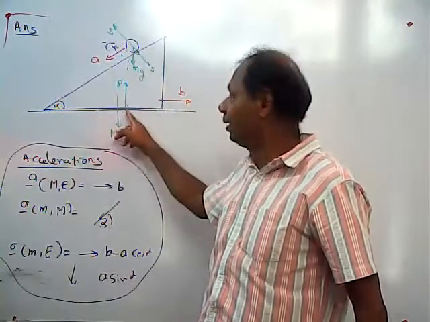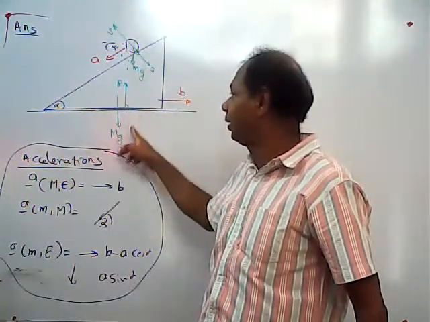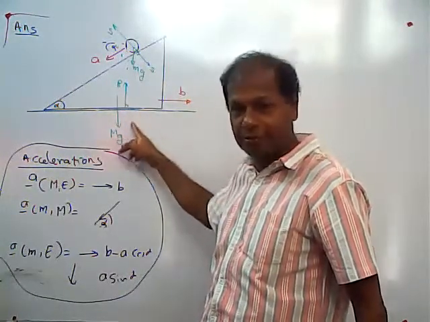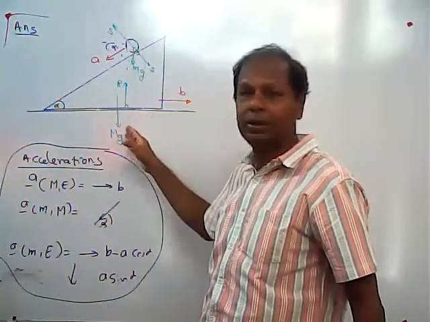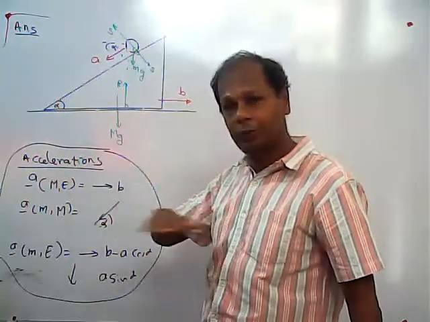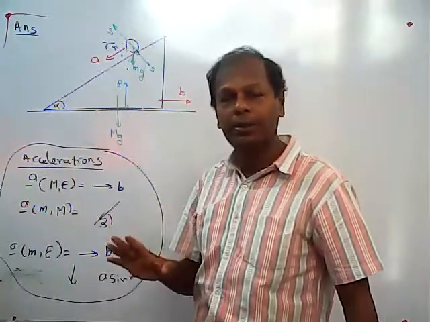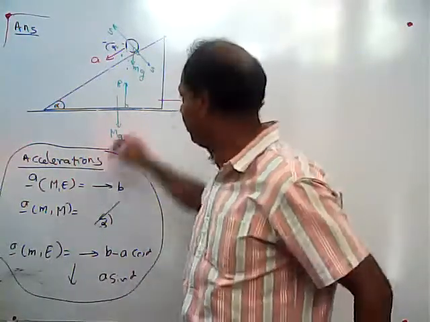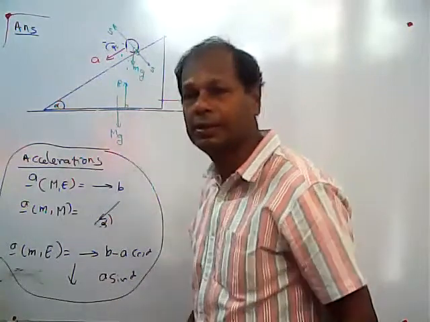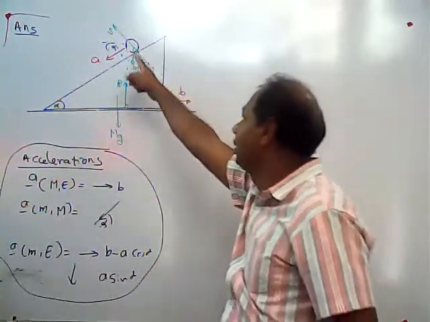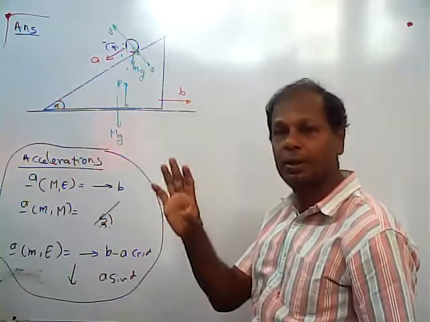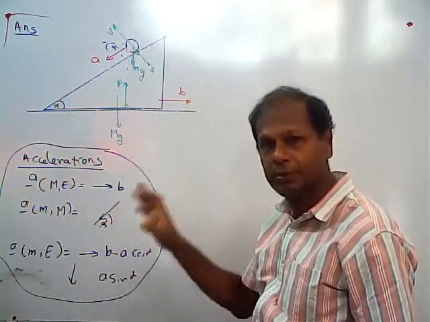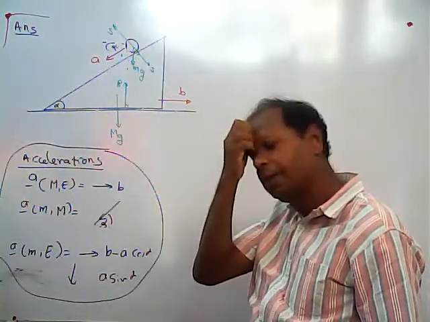Here also there should be an equal and opposite reaction on the surface, maybe a table or the floor, but we don't mark it because we are not going to do anything with that. We don't need that. But this S and this S, both are in the system. We need to take them, right?